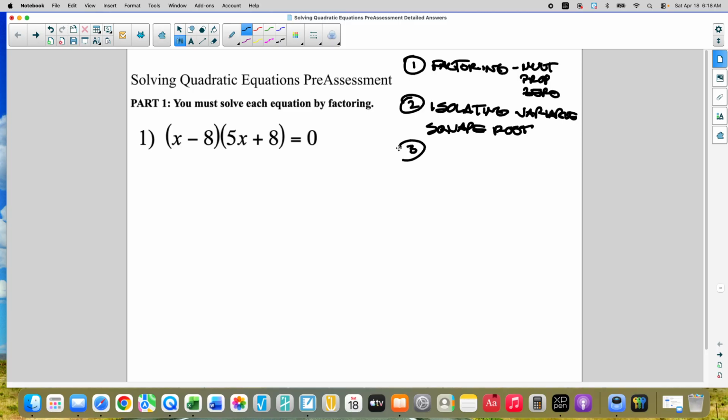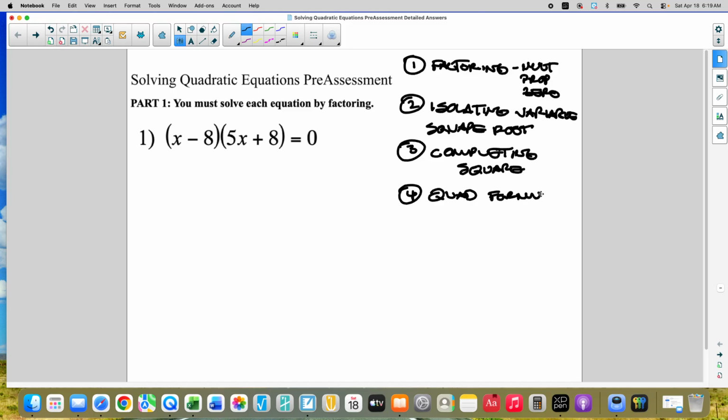The third technique is going to be completing the square, and then taking the square root. And then the fourth one is the quadratic formula.